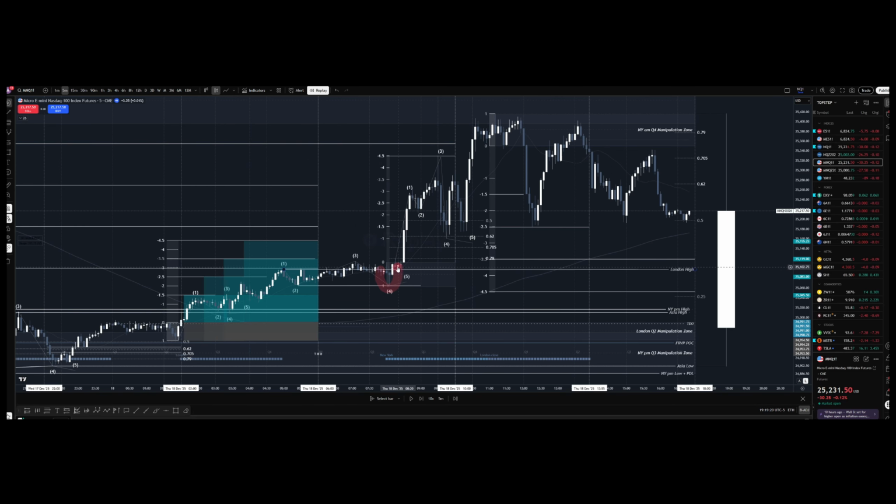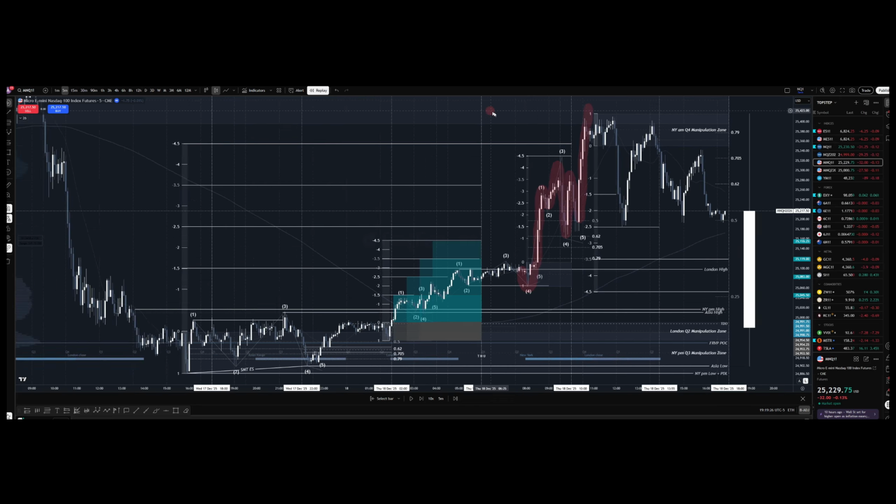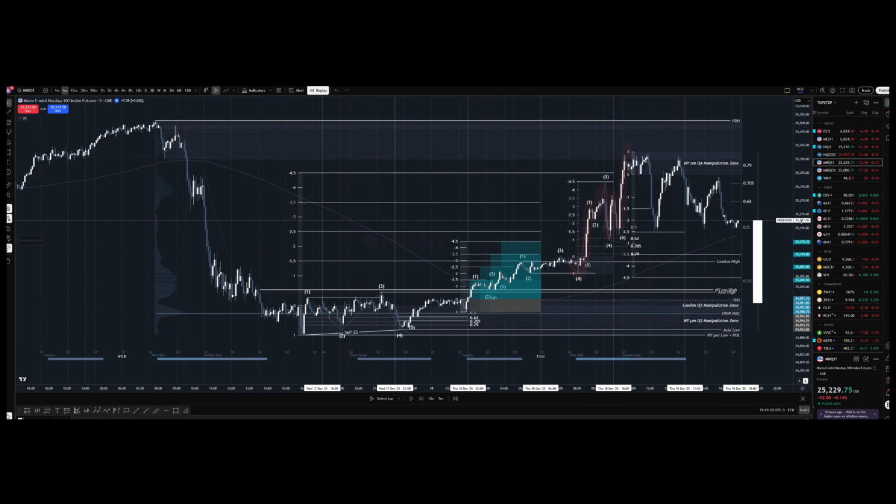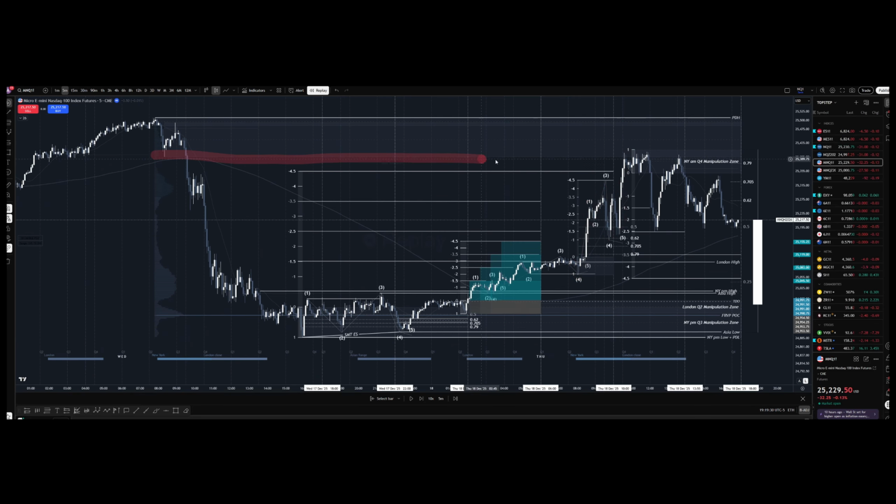So Q2 manipulation into the 8:30 news, into a SBS reaccumulation, and then pushing back up to that top zone here. Mitigating the orders used here to manipulate price.